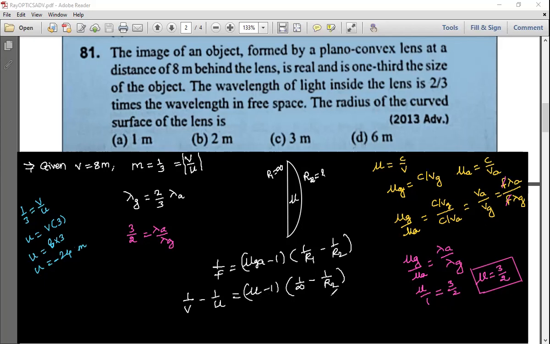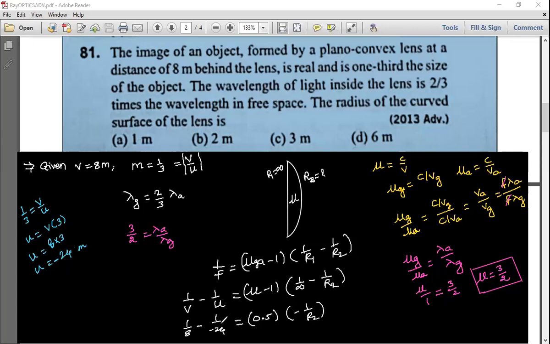I don't want to keep sign, it will come automatically. So let's substitute the values. 1 by 8 minus 1 by minus 24 is equal to 1.5 minus 1, directly 0.5, and this is minus 1 by R2.